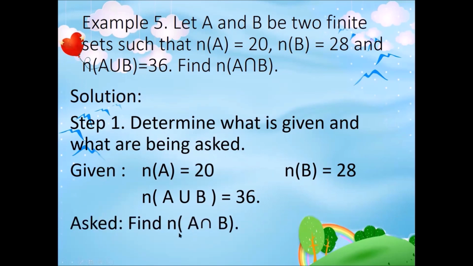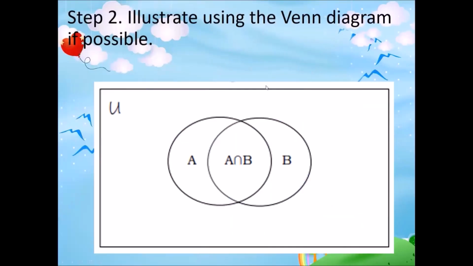Asked: find the number of elements of the intersection of set A and set B. So this is the illustration of the given problem. So this is set A and this is set B. So ang set A, ito ang kabuuan ng set A and set B, number of elements is 36.